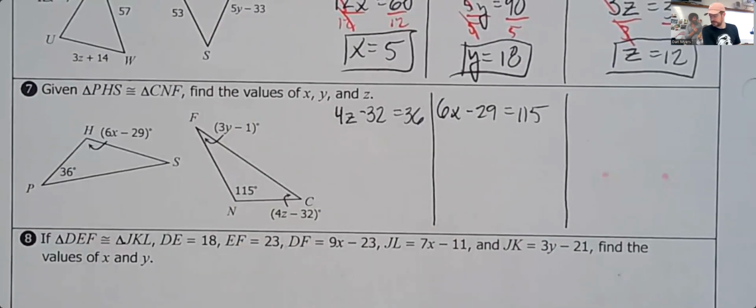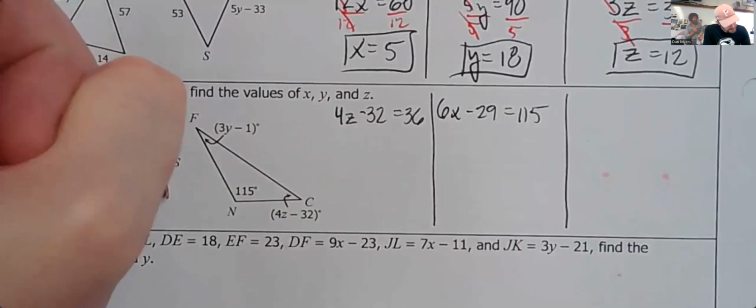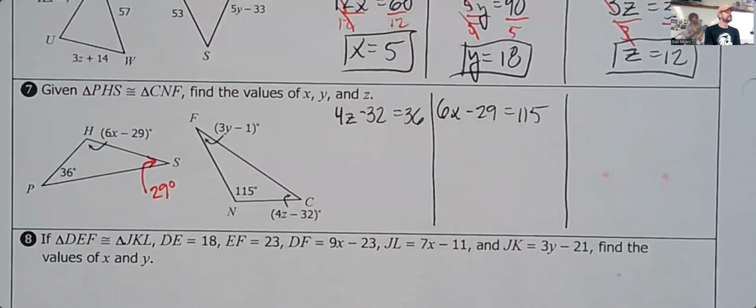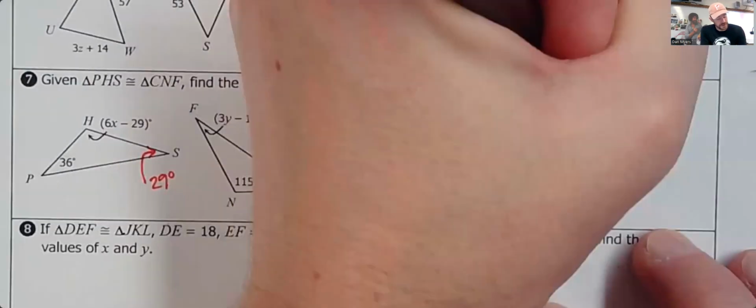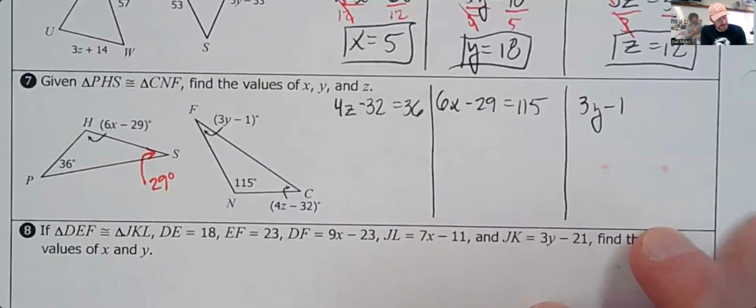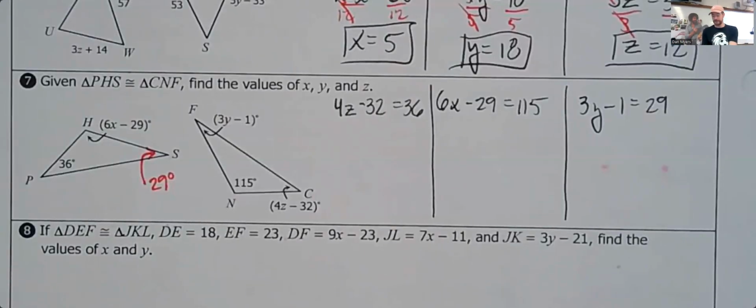So, wait, how many degrees is it? 29, yeah. That's 29 degrees. So then we could write 3y minus 1 equals 29. There you go.